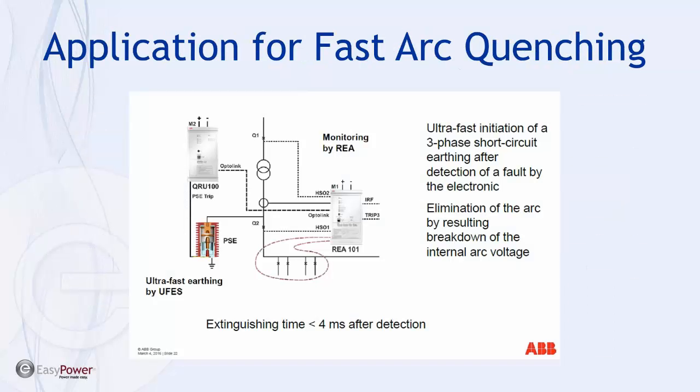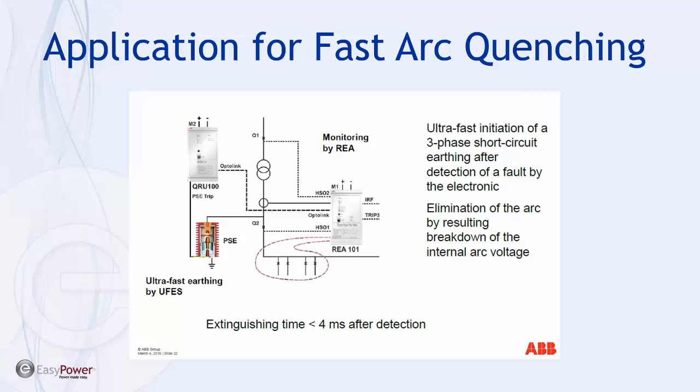The REA arc flash system is very fast, operating in just a fraction of a cycle, less than 2.5 milliseconds. However, as we discussed before, you still have to consider the breaker time. So even with the fastest breakers, you're approaching 100 milliseconds for a typical 3 to 5 cycle breaker operation.